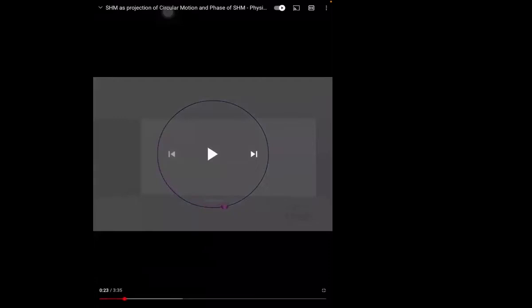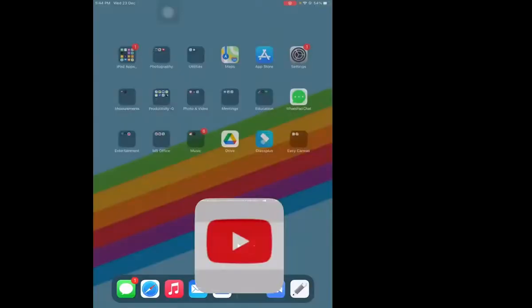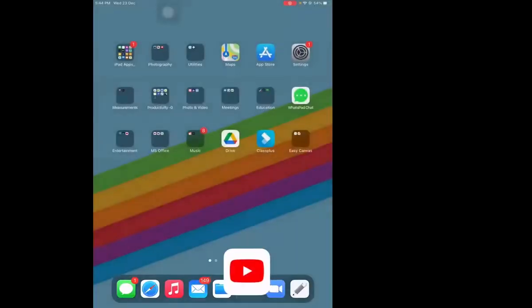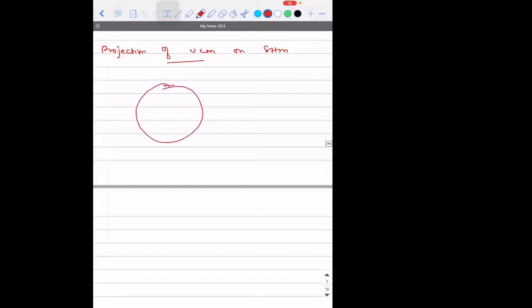A uniform circular motion. It is actually a uniform circular motion, but when you see from the side, when you have a circle like this, what will you be able to see? You'll only be able to see this curvature like a straight line.